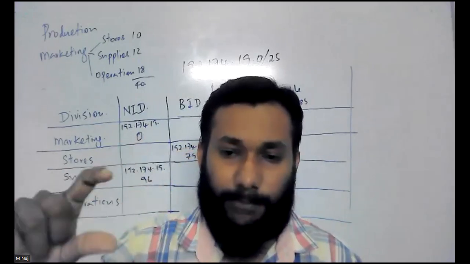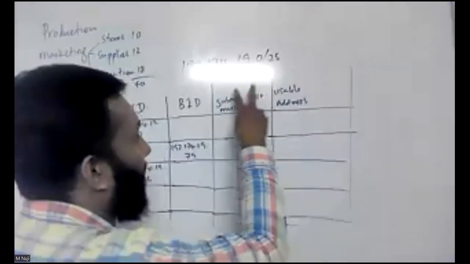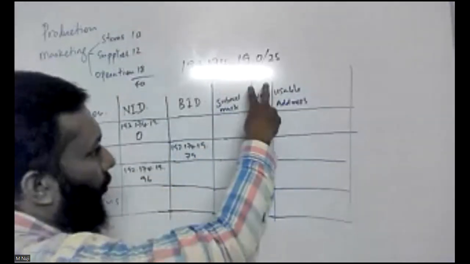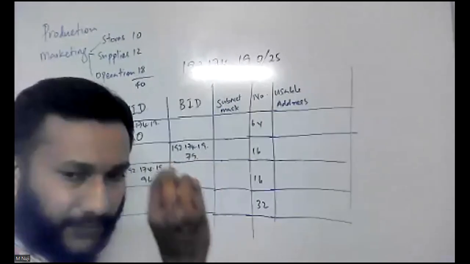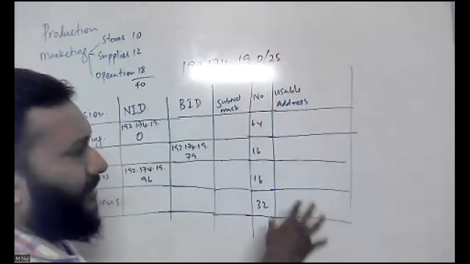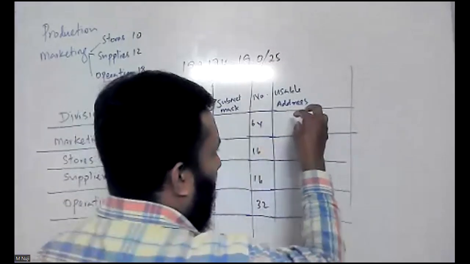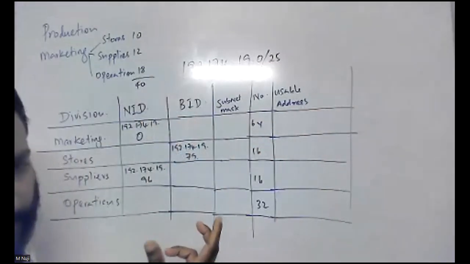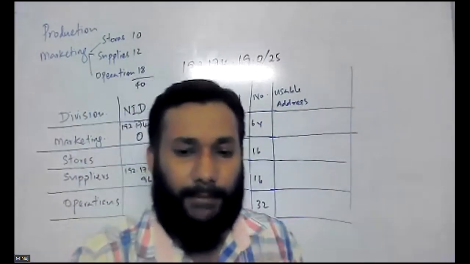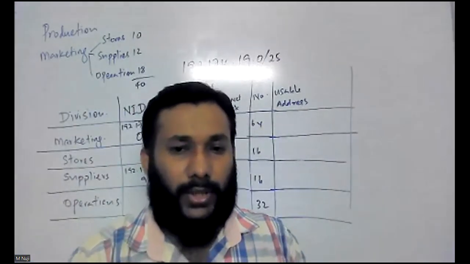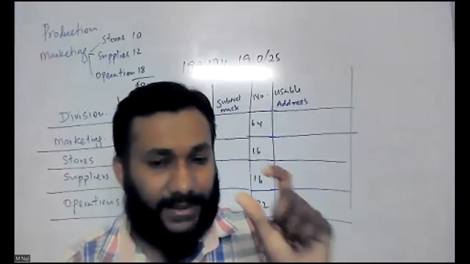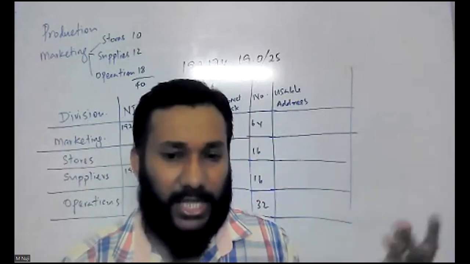Fixed length subnet mask: your subnet masks are fixed, your number of nodes are fixed, and the number of usable addresses is also fixed. But VLSM means variable length subnet masks, so the subnet mask lengths are varying, changing.